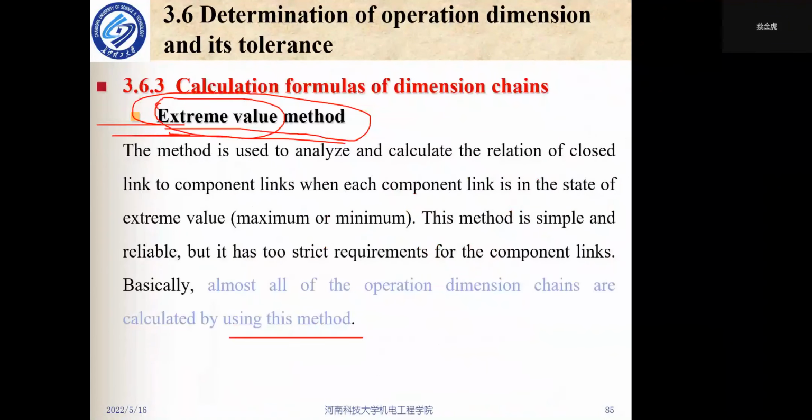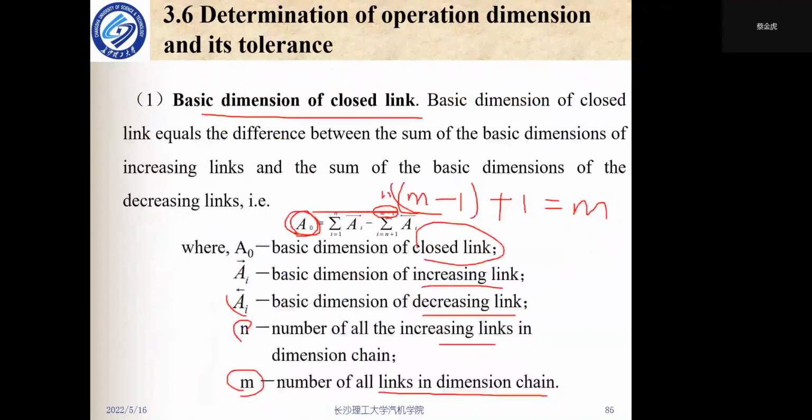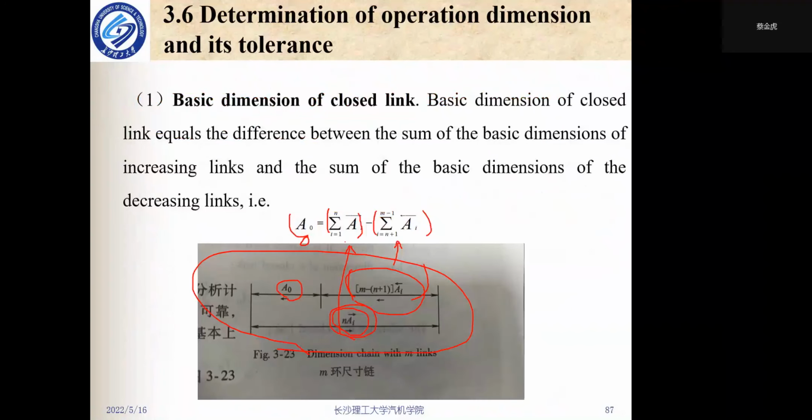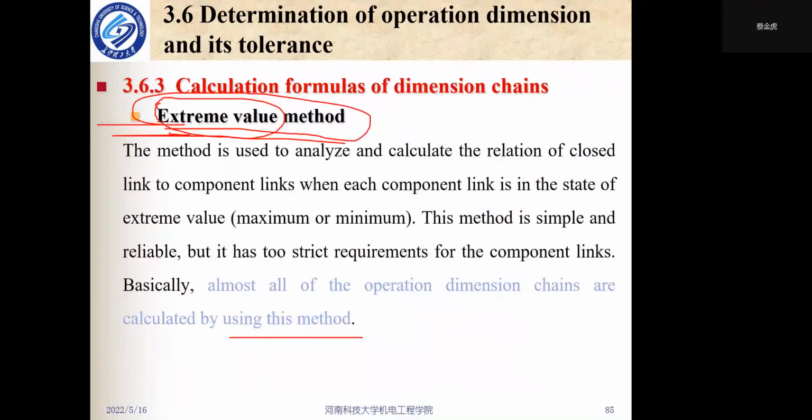But for mechanical engineering, these equations are very important, especially the calculation of different dimension chains, and especially the extreme value method.